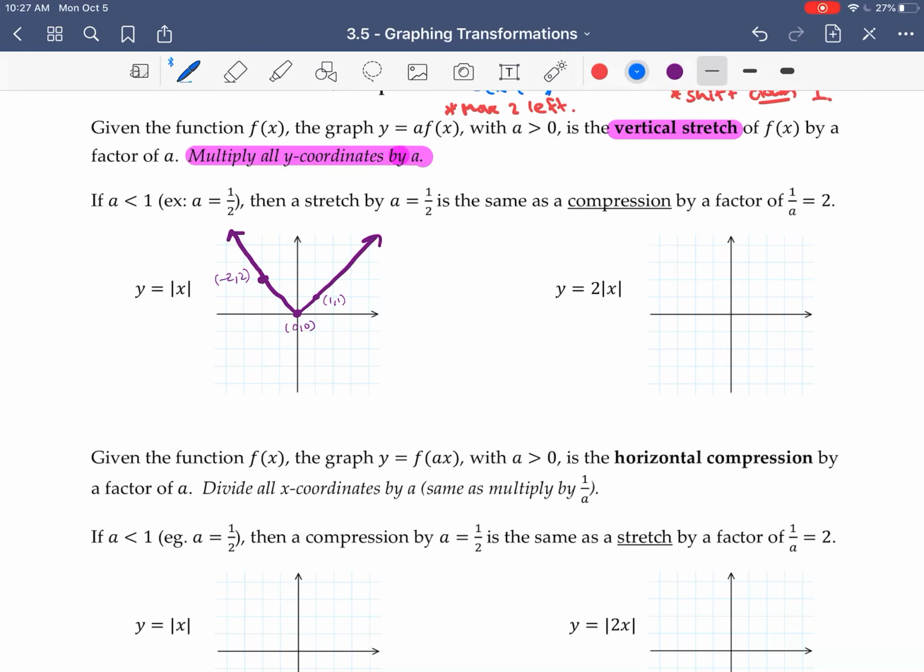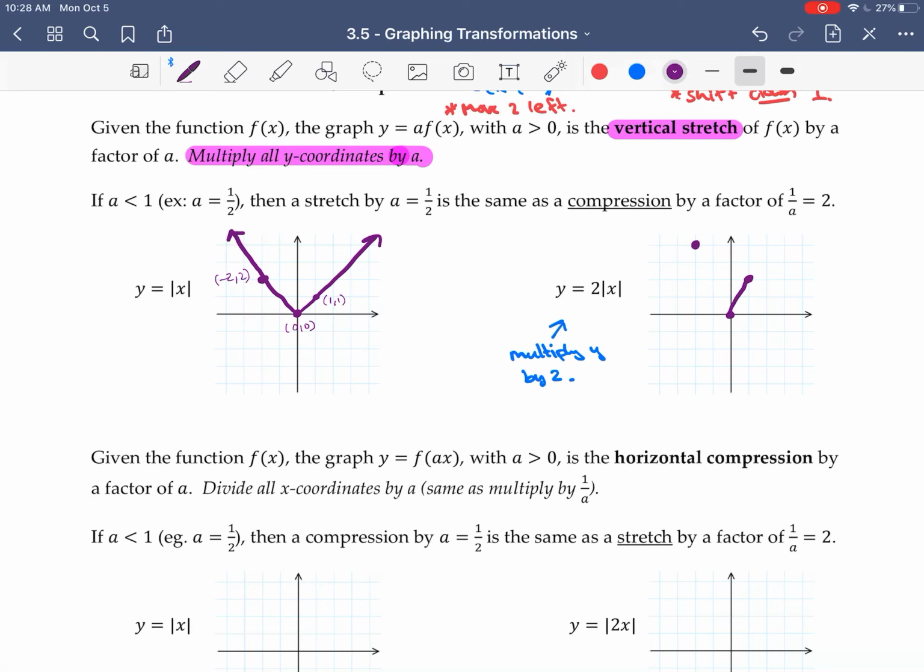Okay, so when I do this 2 times the absolute value of x, we're going to multiply the y value by 2. Okay, so that's going to shift it. So 0, 0 is going to actually stay in the same spot, but 1, 1 is going to go to 1, 2. And -2, 2 is going to go to -2, 4.